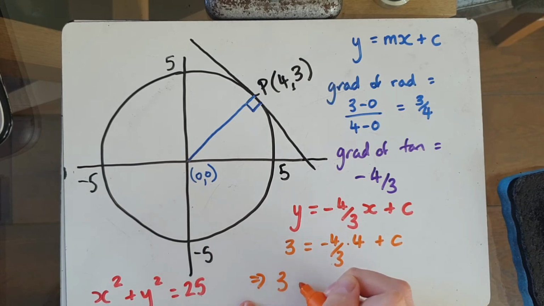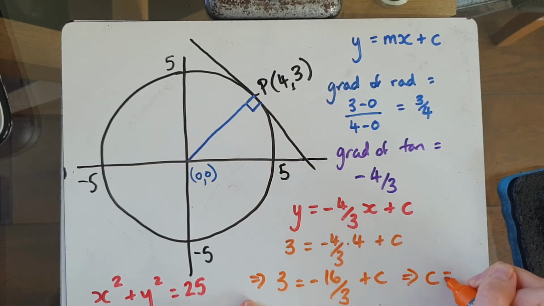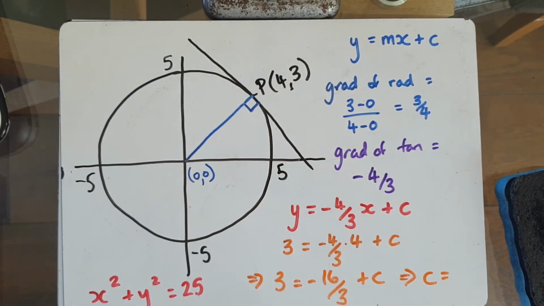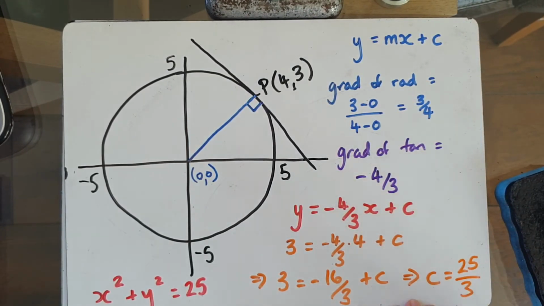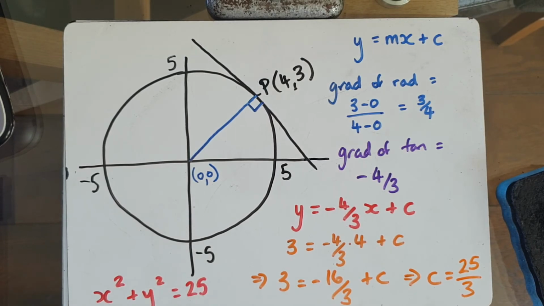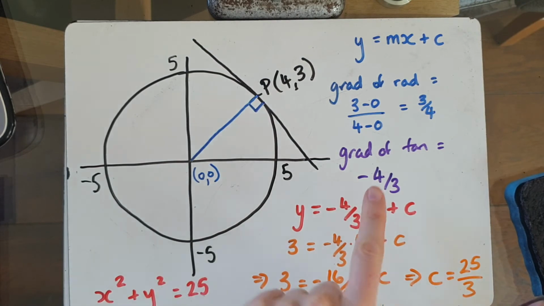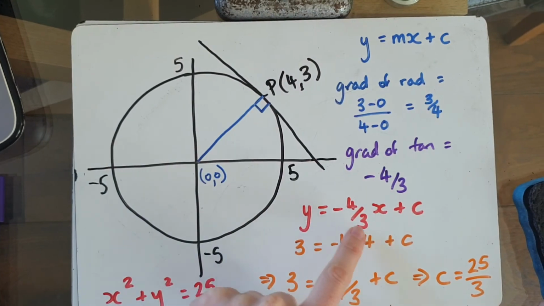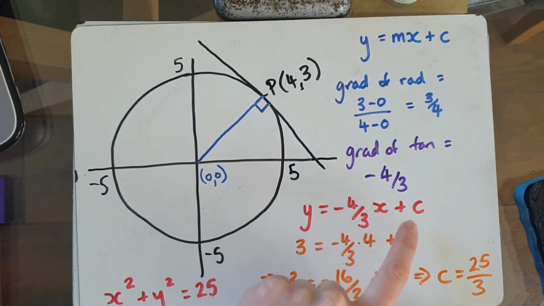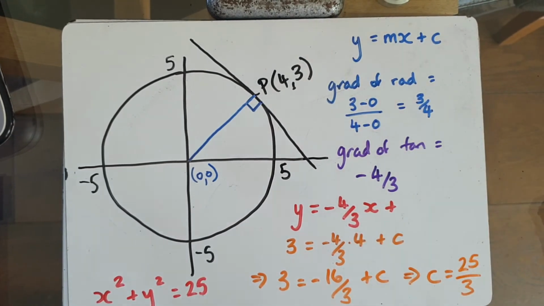That means 3 is -16/3 plus some constant. So we get, if you use your calculators, that this constant is 25 over 3. So that means then that the equation of our tangent is the gradient times x, so negative 4 over 3 times x, plus the intercept or the constant, which is 25 over 3.